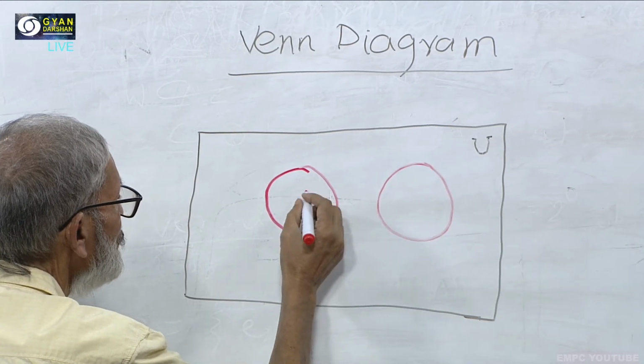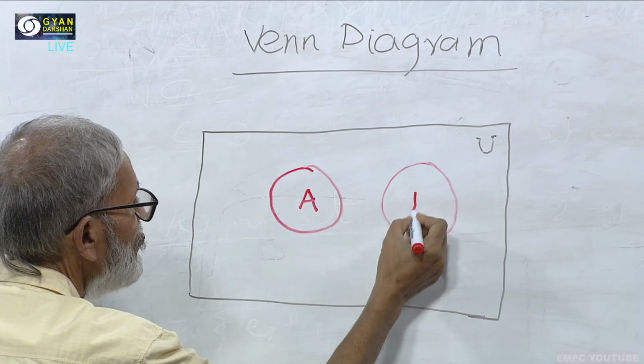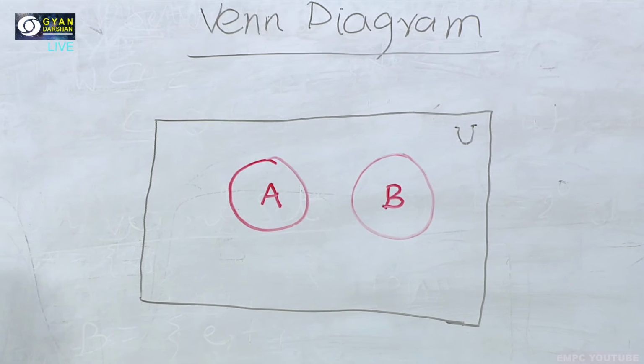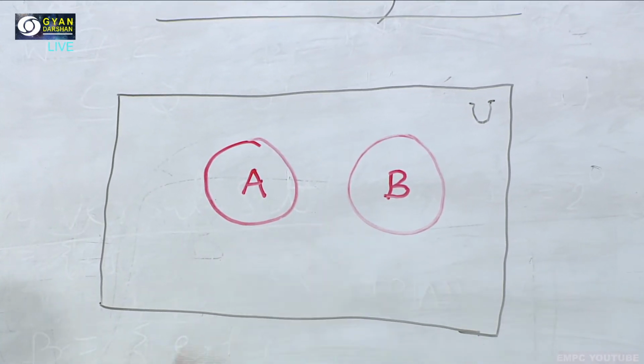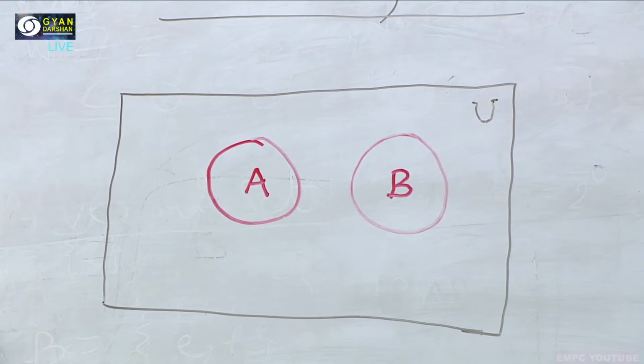So, suppose this is set A, this is another set B. So, sets are represented by circles. The size of the circle does not matter. It may be small, it may be big, but it does not mean anything. Only thing we can see in this diagram is that nothing is common between A and B.